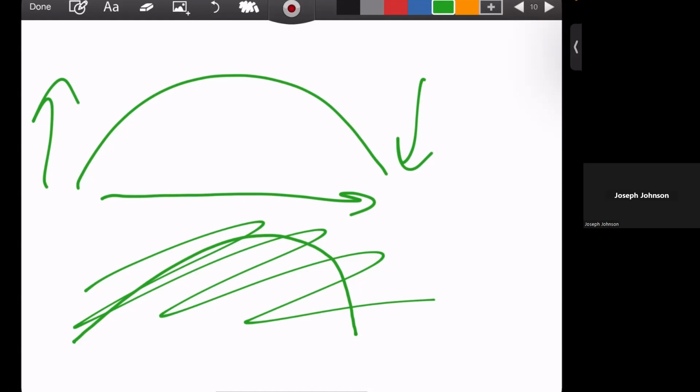Thinking about Newton's third law, the net force on the car is going to be in the positive direction. Because it's accelerating, we could figure out the net force on the car by using F equals ma. I'm pushing with 500 newtons. If we knew the mass of the car, we could put that in, and figure out what the net force would be to give it a 5 meter per second squared acceleration.